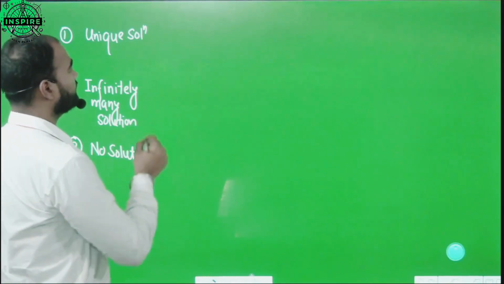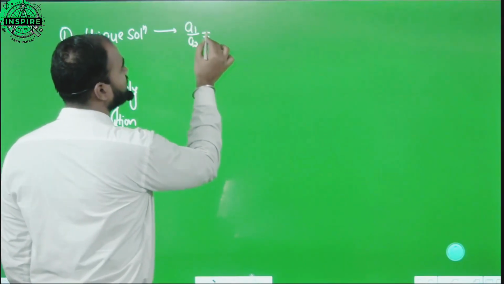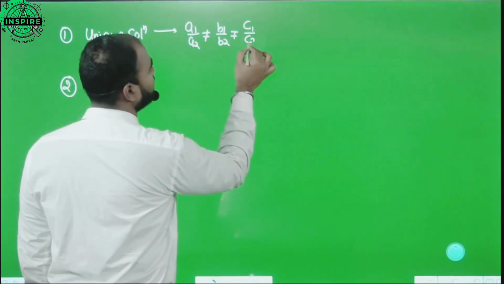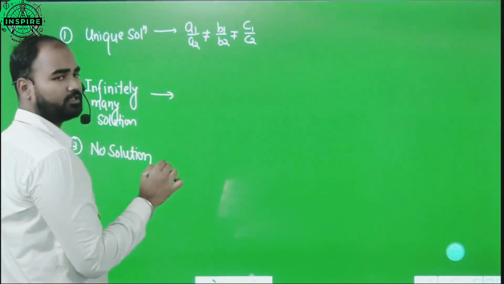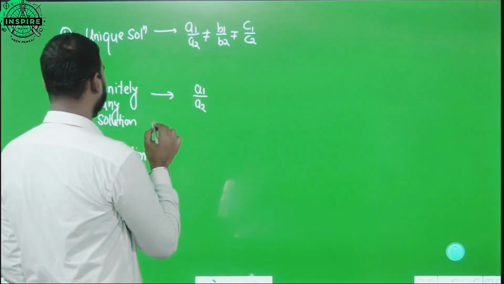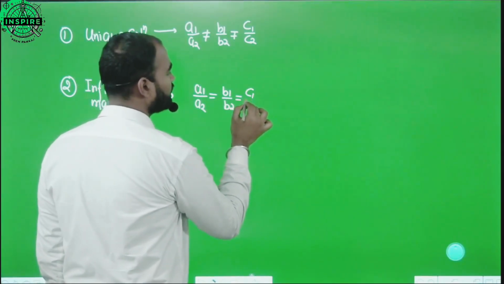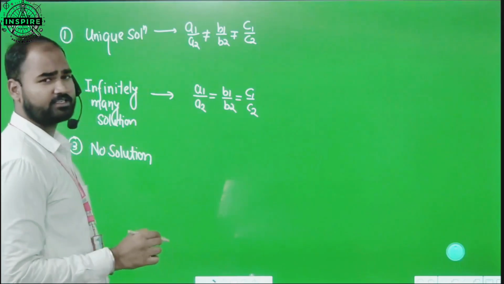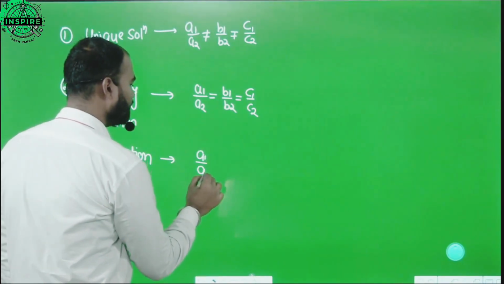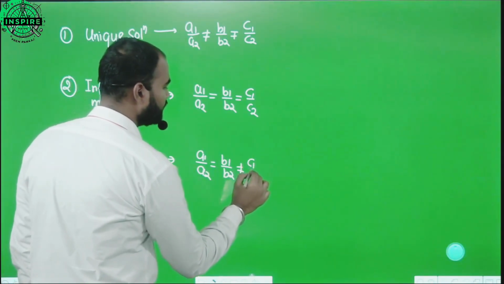The condition for unique solution is a1 upon a2 not equals b1 upon b2. The condition for infinitely many solutions is a1 upon a2 equals b1 upon b2 equals c1 upon c2. The condition for no solution is a1 upon a2 equals b1 upon b2 not equals c1 upon c2.